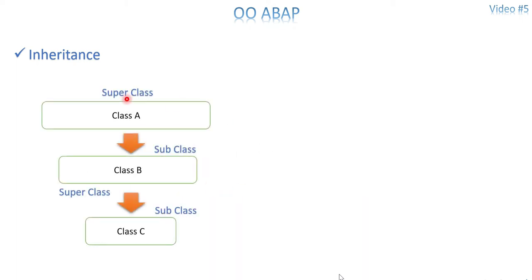This is the way things are working here. It's a hierarchy. I have a class A superclass and I'm deriving it, so it's a subclass, class B. And now I am going to derive from class B. So class B is a subclass for class A, and class B is a superclass for class C. This scenario is possible.